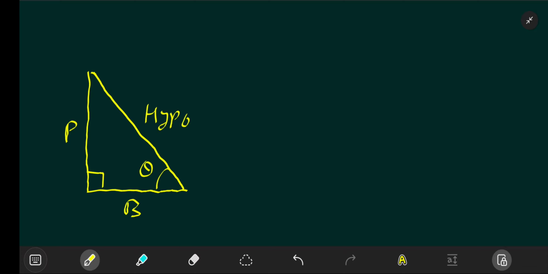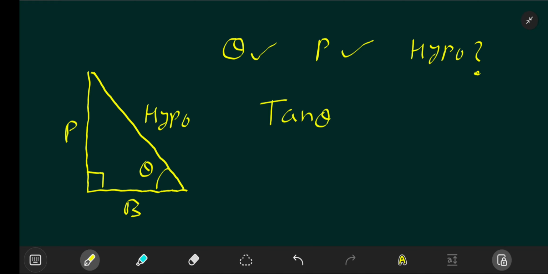Now, in the question, the given values are theta and the perpendicular side, and the hypotenuse is asked. Now, if you apply tan theta, that is equal to perpendicular side by base.